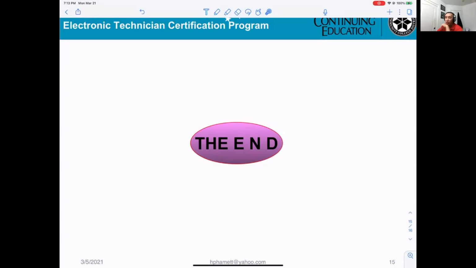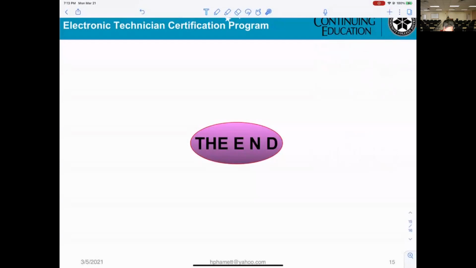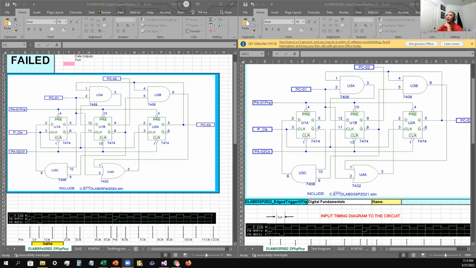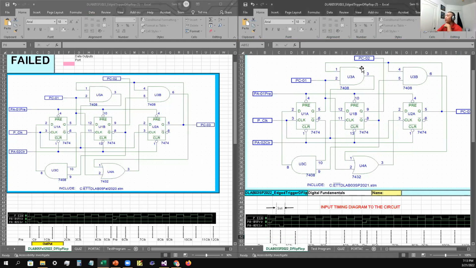Mr. Smith was trying to bring up that DLab 3 and DLab 5 are the same circuit. For Tech 2, the DLab 3 and DLab 5 are the same circuit. Here is DLab 5, and this is DLab 3, and they're both the same circuit.